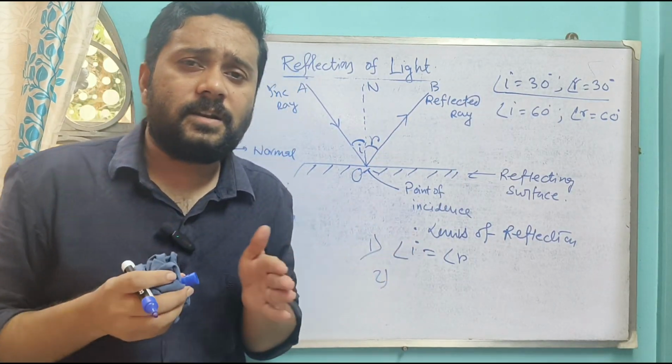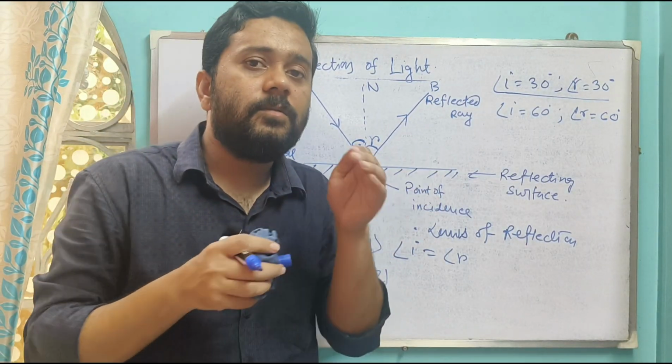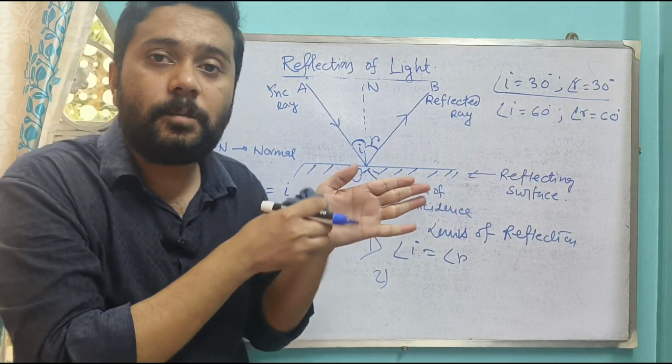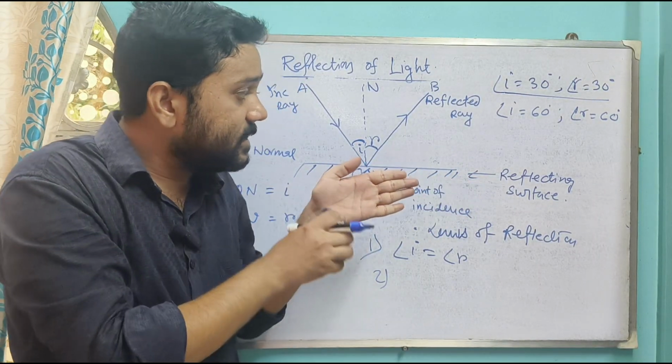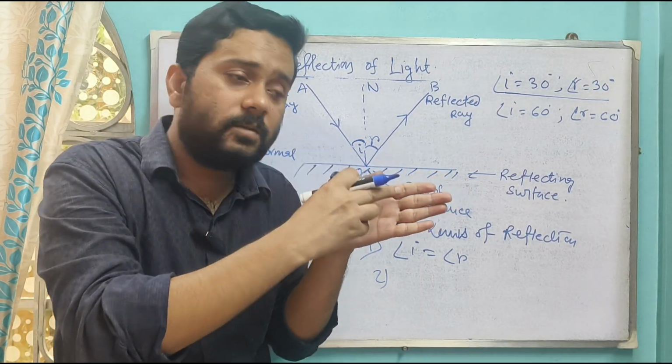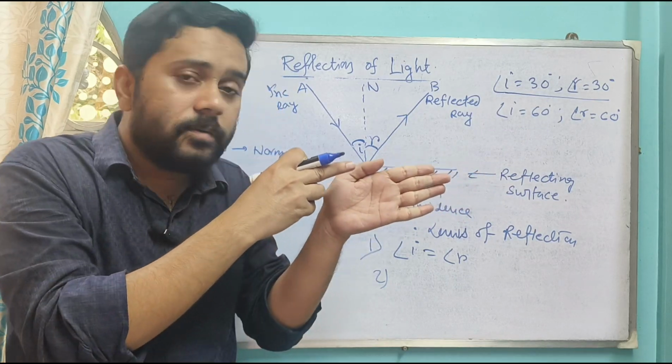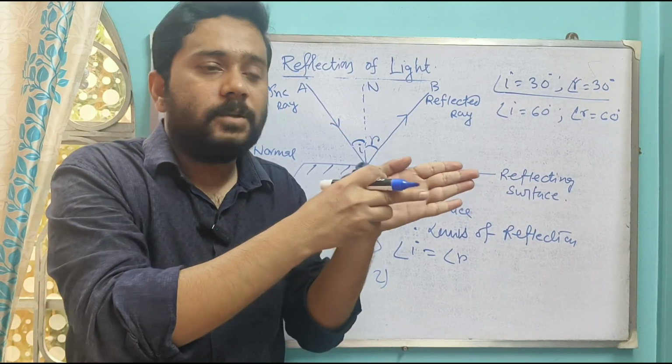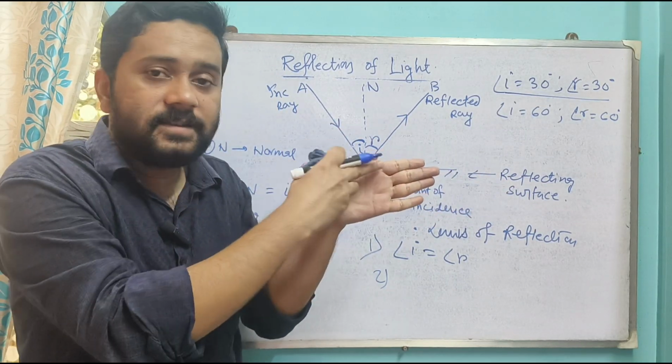Or you can take an example. Suppose you hold your palm straight, so you will get the incident ray, reflected ray, and normal all on your palm. So this is basically a single plane.